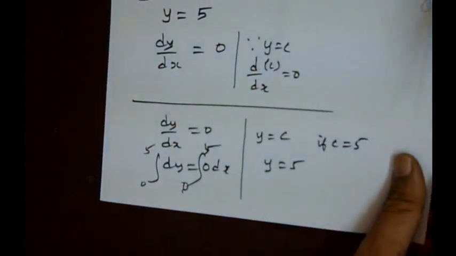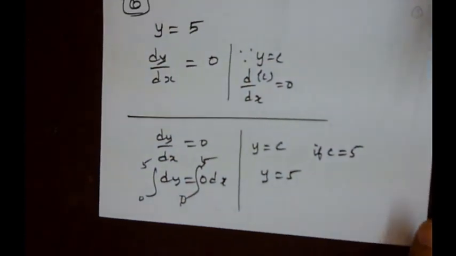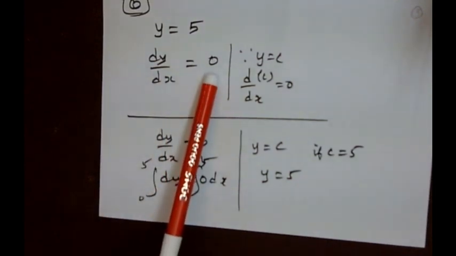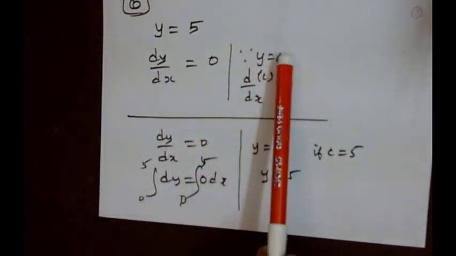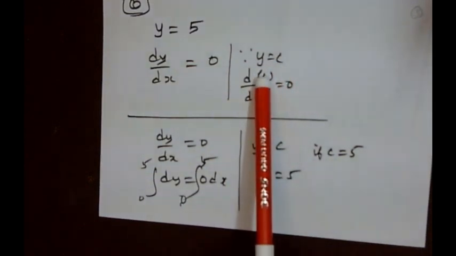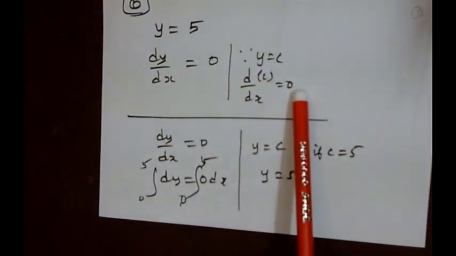Right. Next, let us consider, suppose we have y is equal to 5, that is the constant. On differentiation, we are able to get 0. But here, y is equal to c; on differentiation of any constant as an isolated one, that becomes 0.